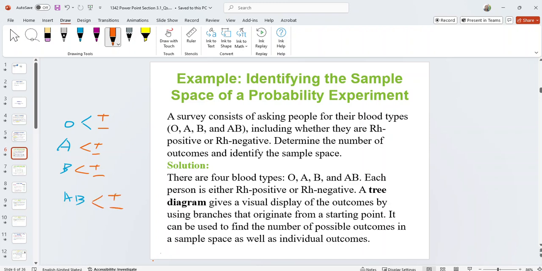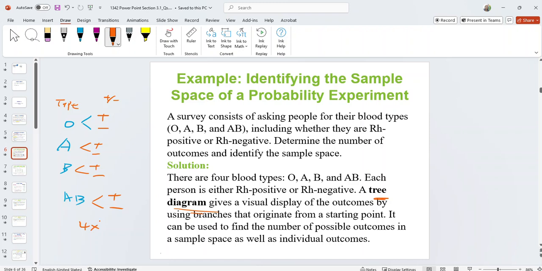Well, this is called a tree diagram. Actually, I'm already drawing a tree diagram here. This is the blood type O, A, B, or AB, and then this is either positive or negative. So we have 4 major ones, times each one can also have 2.